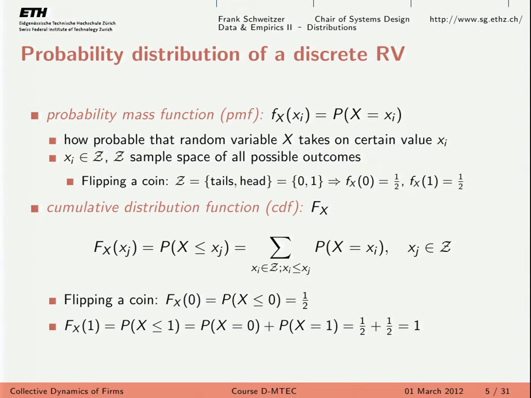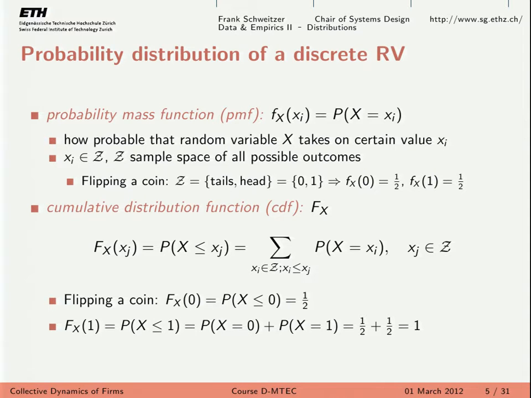In order to describe the probability distribution of our variables, we have to introduce two different notions of the probability distribution. The first is called the probability function, or probability mass function in mathematics, and the second is called the cumulative distribution function. The latter one is just the sum or the integral of the former one.